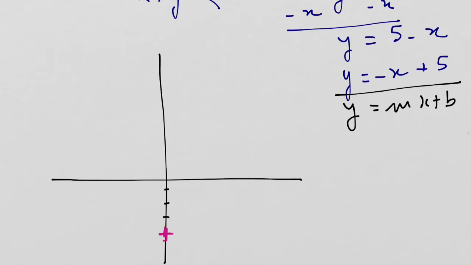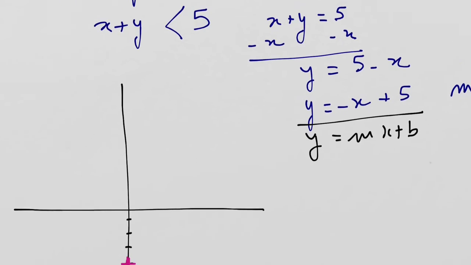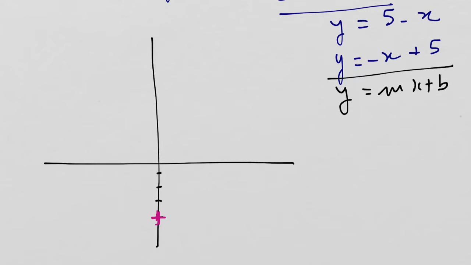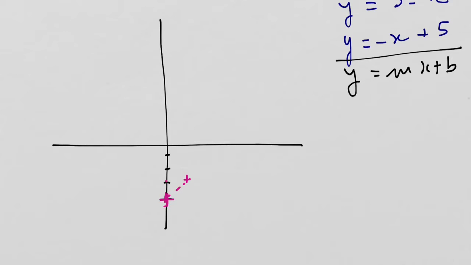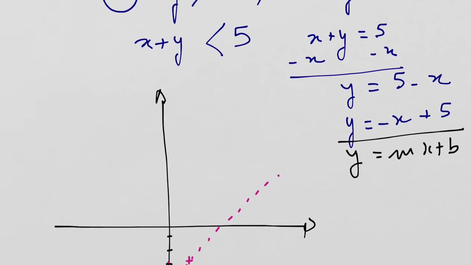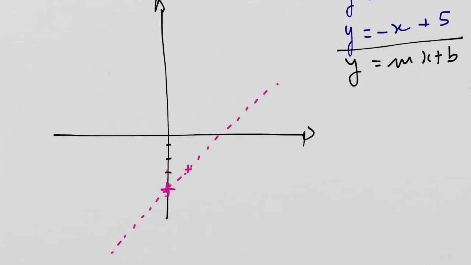I need to graph the line y equals x minus 4, so I need to go up 1 and right 1 because the slope is 1. Now, because there is no equal, I will have to dash my line. And because I have y greater than x minus 4, I will shade above.